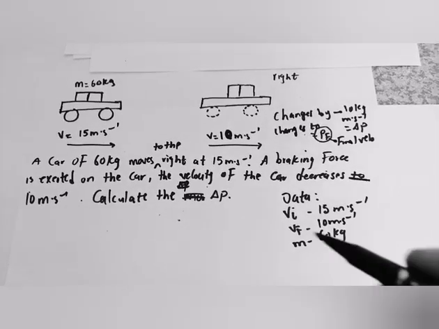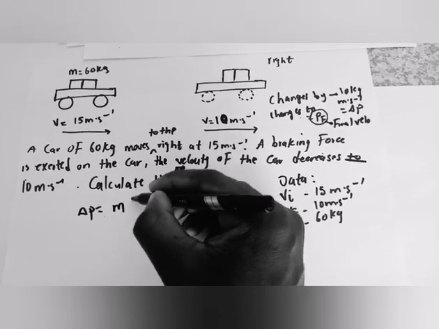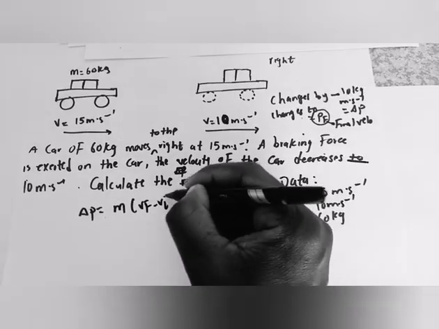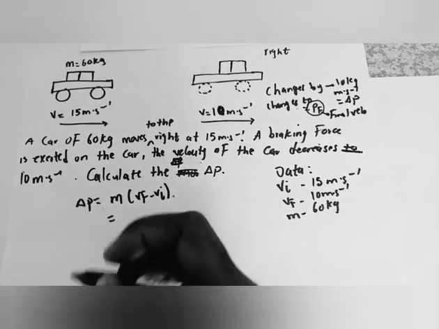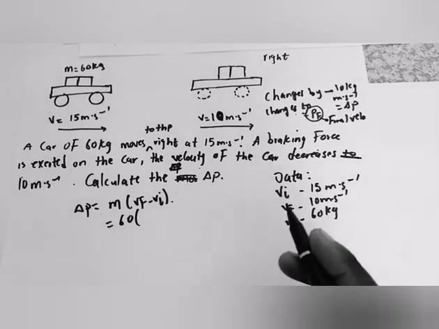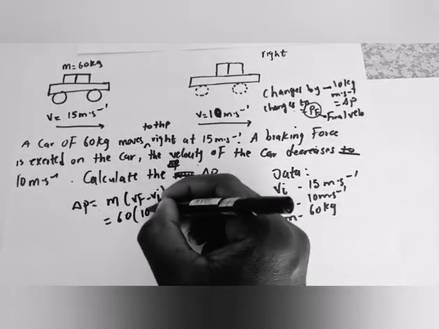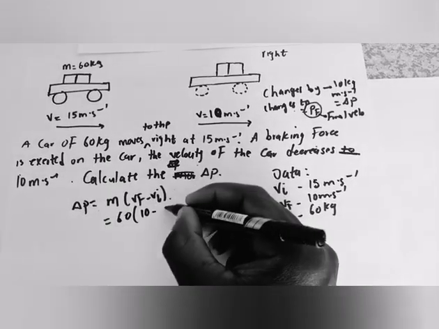For the first thing, take your data, collect it. Now change in P equals m(Vf minus Vi), where our mass is 60 kg. Remember, the mass doesn't change, only the velocity changes. So 10 minus 15 meters per second, remembering the direction is to the right.